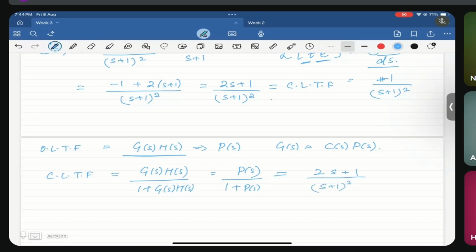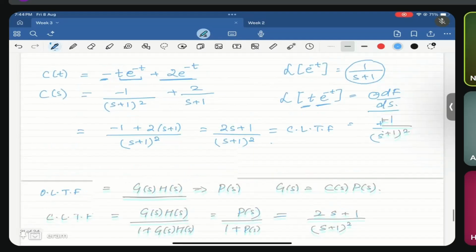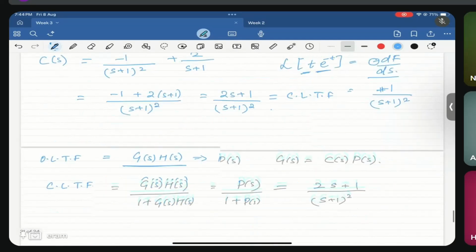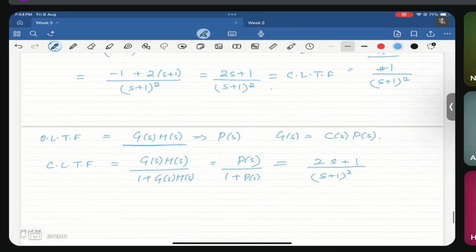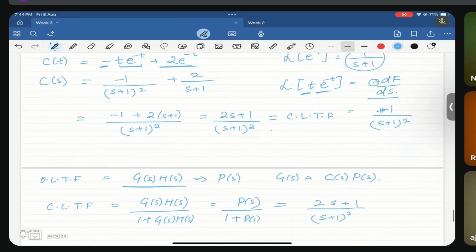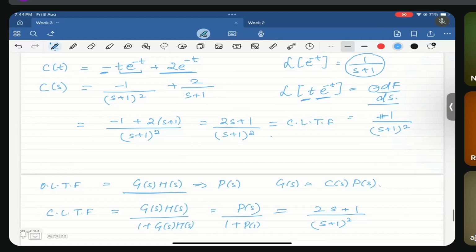So now can you find out P(s) from this equation? There's something wrong. It is only G(s) upon 1 plus G(s) into H(s).